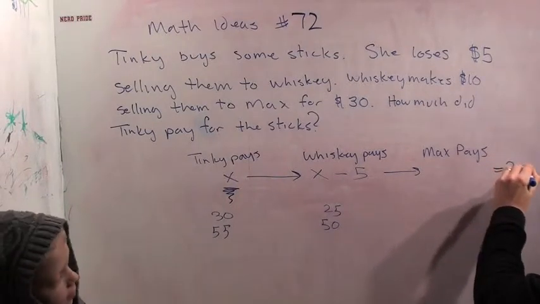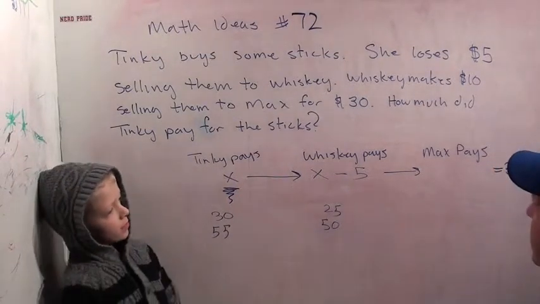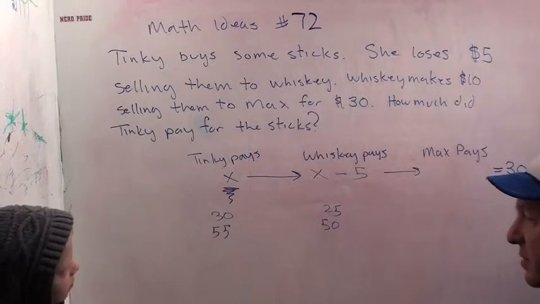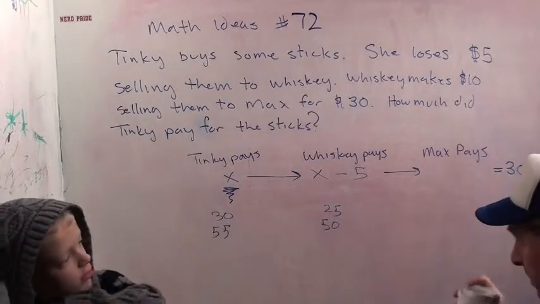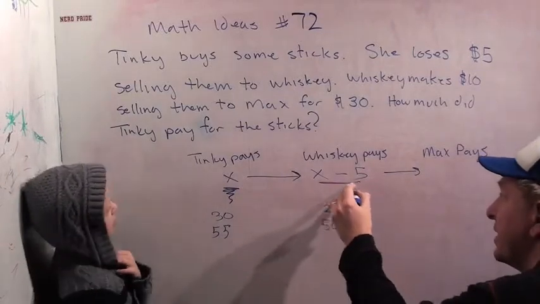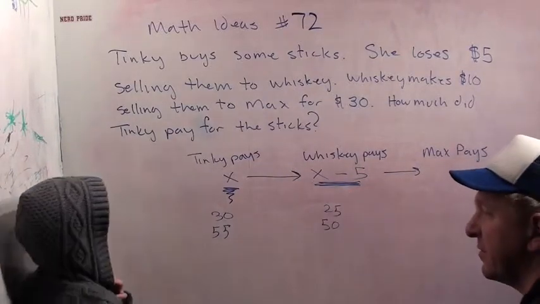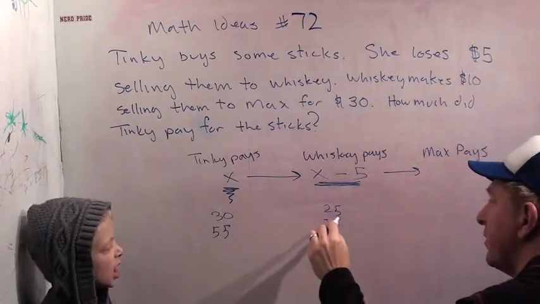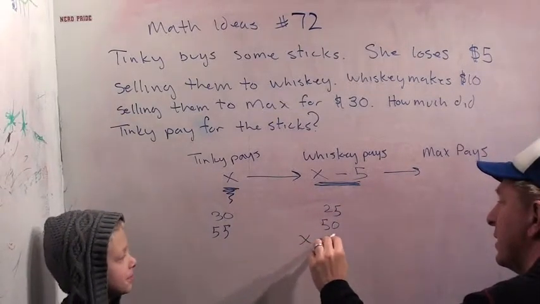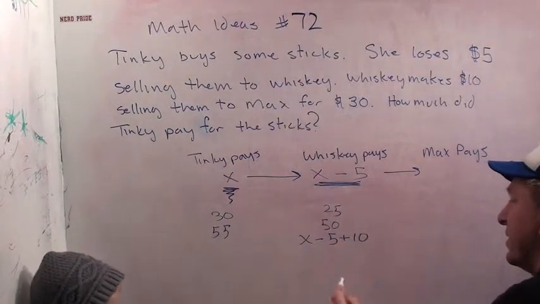And how much did Whiskey make in profit selling them to Max? She makes $10. So if she paid X minus 5, she sold them to Max for $10 more than that. So we have to figure out what X minus 5 plus 10 is.